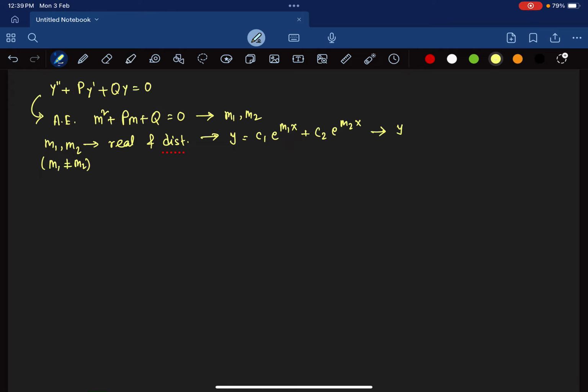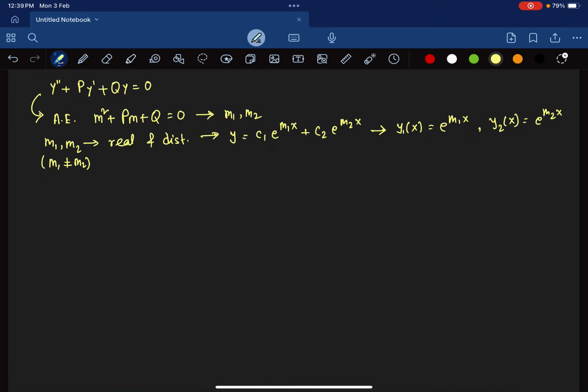So in that case, suppose y1(x) is equal to e power m1x and y2(x) is nothing but e power m2x, and this will be the general solution. All right, now if m1 and m2 are real and identical, so in this, m1 and m2 are the same. m1 is equal to m2, suppose we say m.